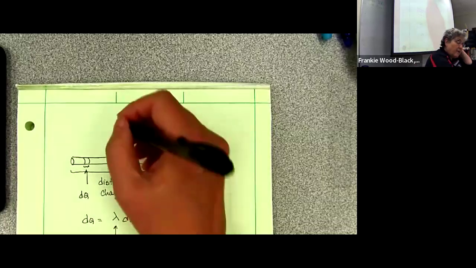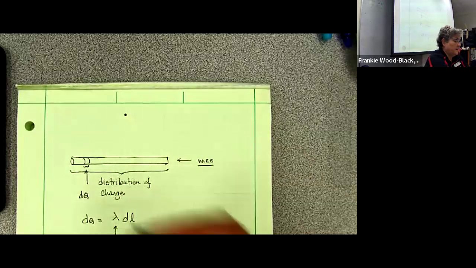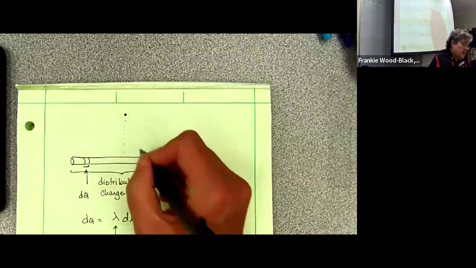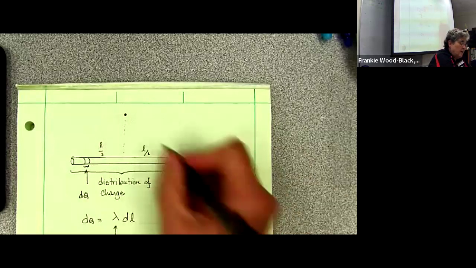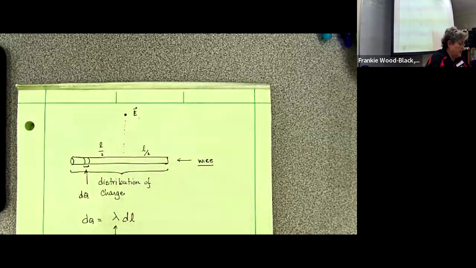Right? And now if I want to do an electric field at this point, and we're going to set this up, so this is L over 2, and this is L over 2. I want to calculate the electric field at this point due to that distribution of charge.